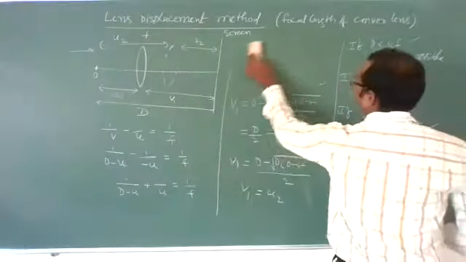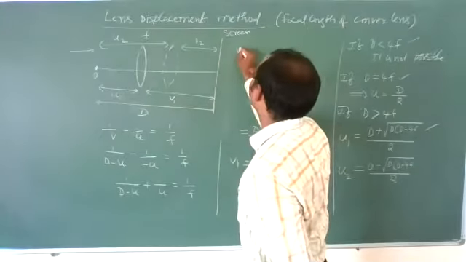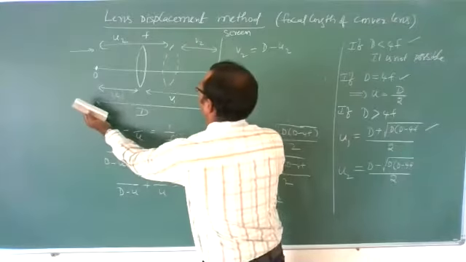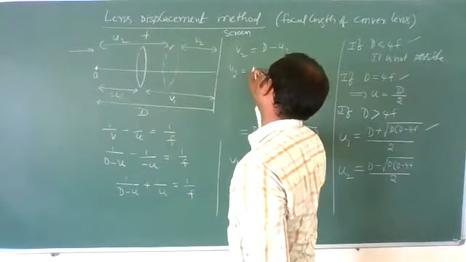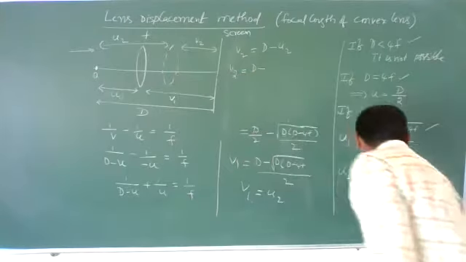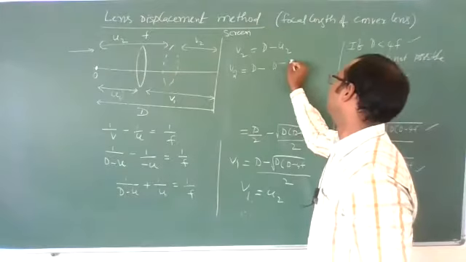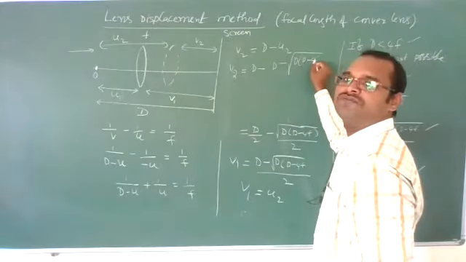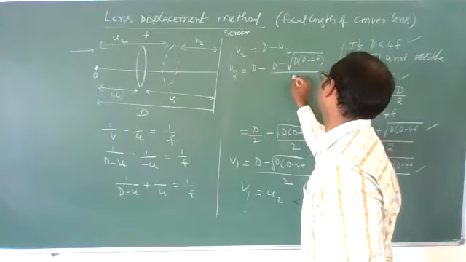So what is that v2? This also let us see. What will be v2 from this? v2 will be equal to d minus u2. Correct? From this total, if you subtract this, you will get v2. So v2 is equal to d minus u2, and u2 is d minus root of d into d minus 4f by 2.